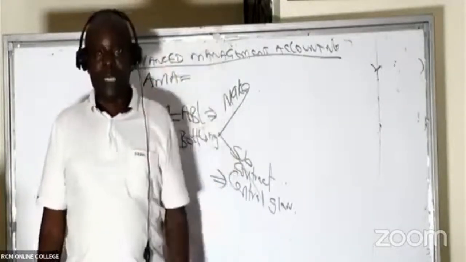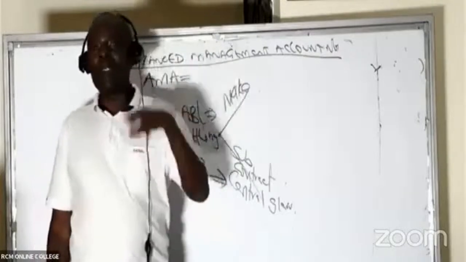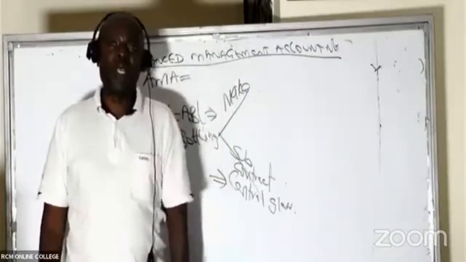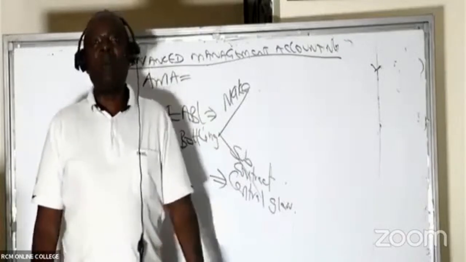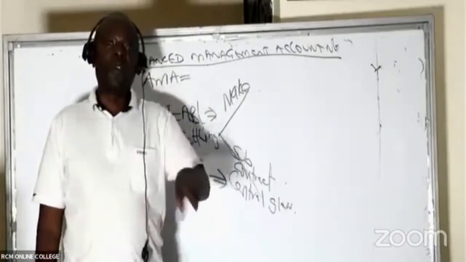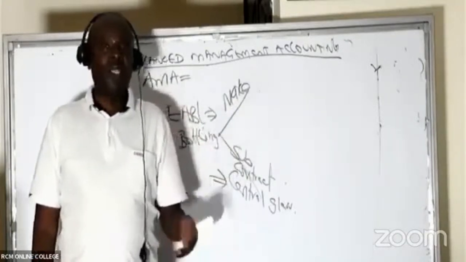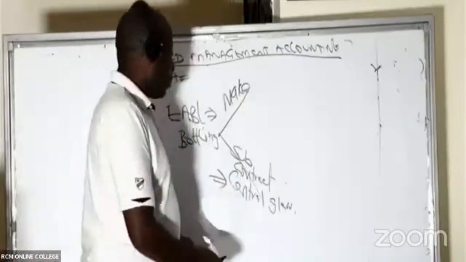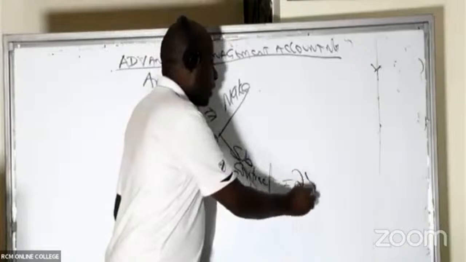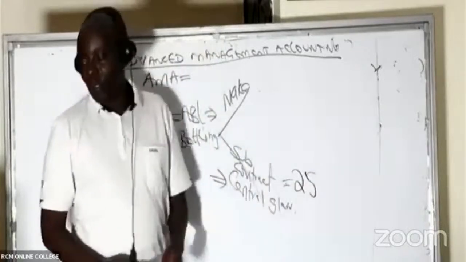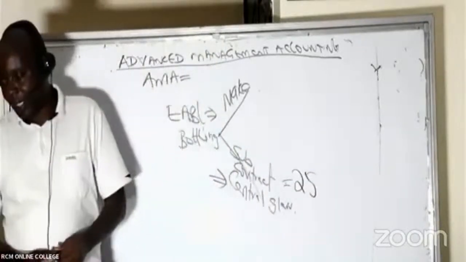So those guys will start thinking about the millions and millions of bottles they'll sell to breweries. So then as a management accountant, I'll ask them, how much will you charge us per bottle? Should we buy this number of bottles from you? These guys will tell us, you know what, because you're even our neighbors, we shall bring to your doorstep each bottle, for example, at how much? At 25.